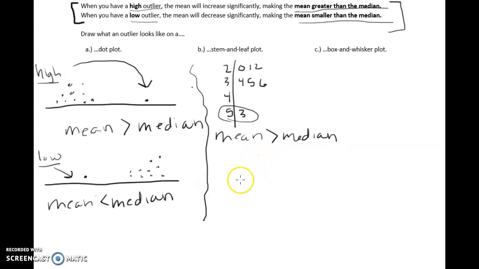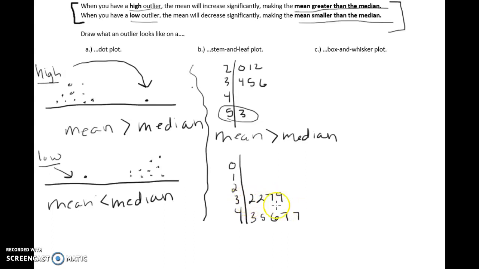So a low outlier would look like this. So maybe 0, 1, 2, 3, 4. So most things 2, 2, 7, 9. And remember with this stem and leaf plot, it's going to be low to high. 3, 5, 6, 7, 7. All right, so say we could be talking about age again.